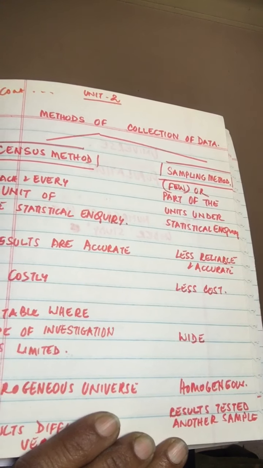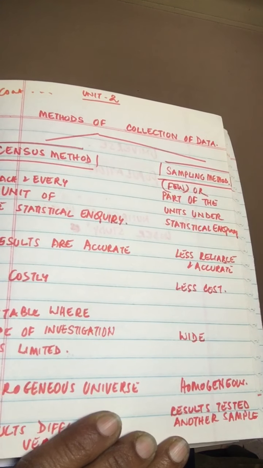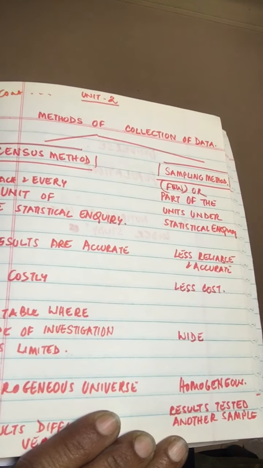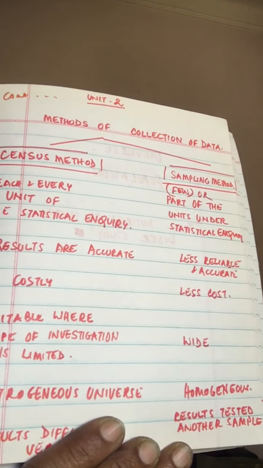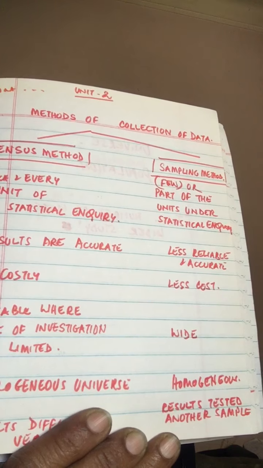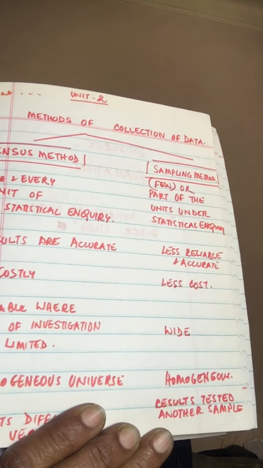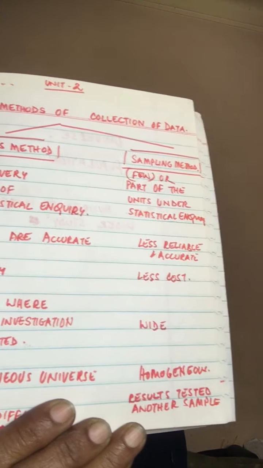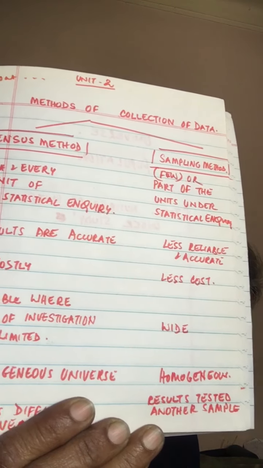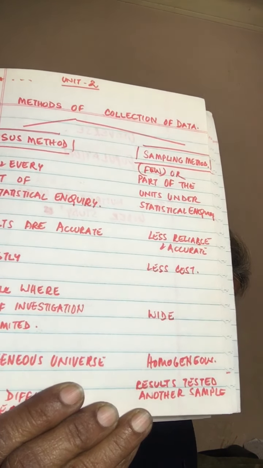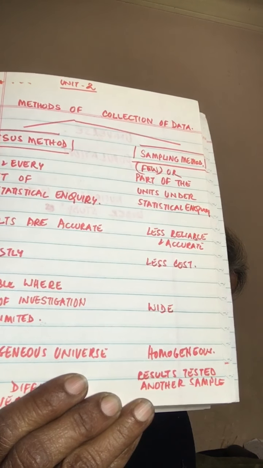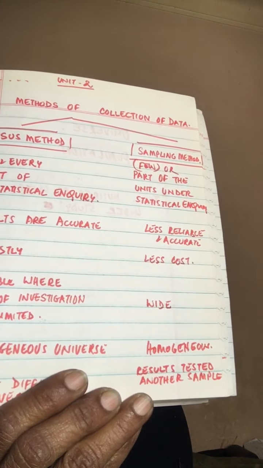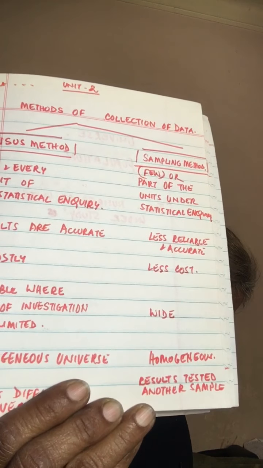Talking about the universe or the population, census method is more suitable when the population under study is heterogeneous, and sampling method is more suitable where the population is homogeneous. It's the same, there's not much difference.